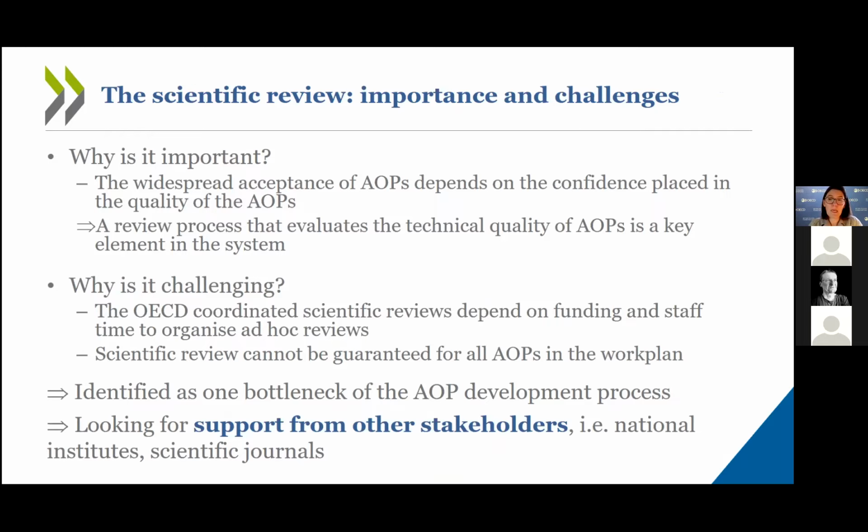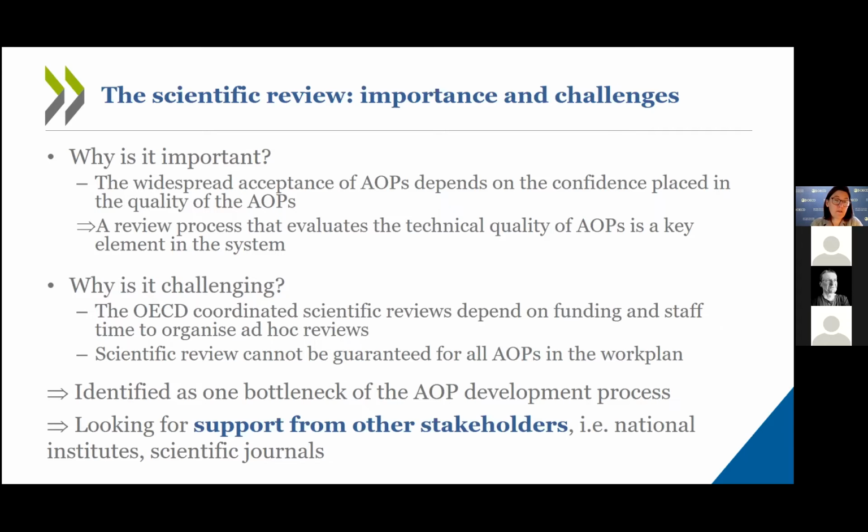The OECD AOP development program started in 2012, and in the first 10 years of the program, the scientific review has mainly been coordinated by the OECD. However, the OECD coordinated scientific reviews depend on funding and staff time to organize ad hoc reviews, and scientific review cannot be guaranteed for all AOPs in the work plan.